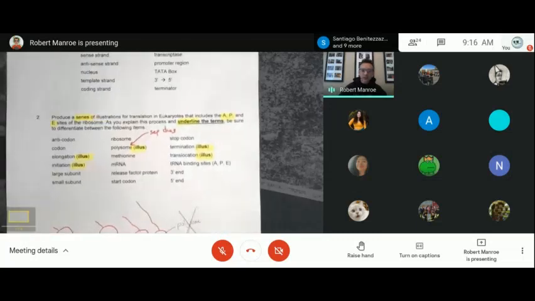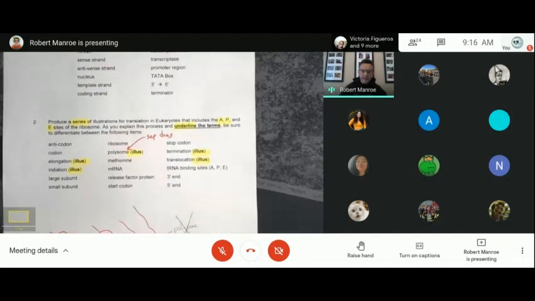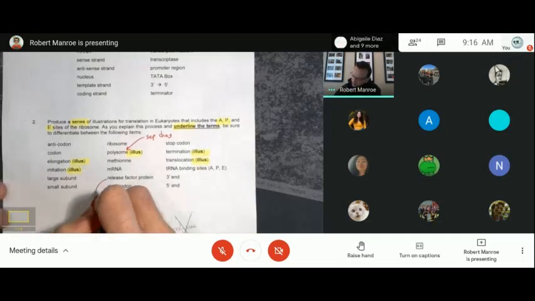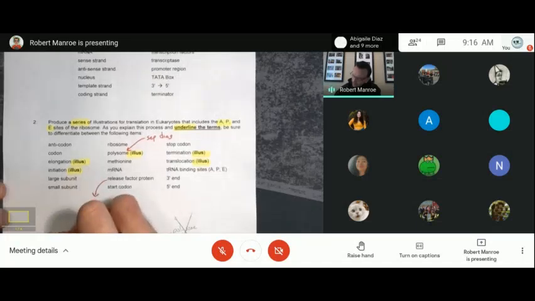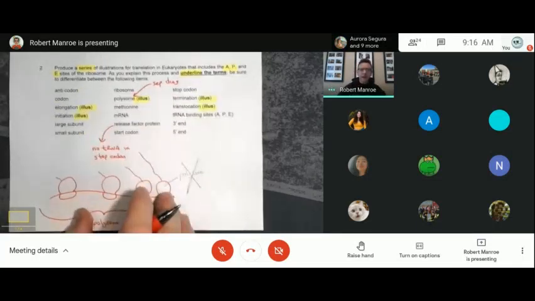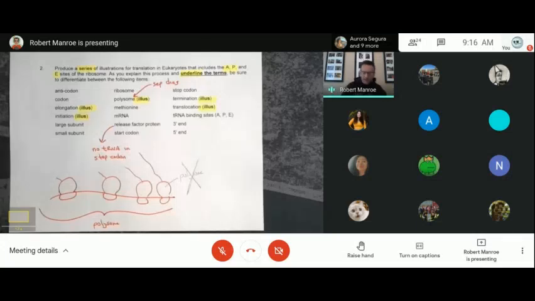Okay. The only other thing that I consistently see as a mistake, where's the release factor protein here? There's no tRNA in the stop codon. Okay, students bring in a tRNA on the stop codon, and then they will attach a release factor protein to the tRNA, and I'm like, that doesn't exist.